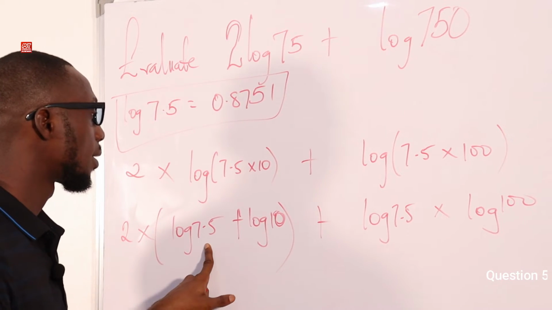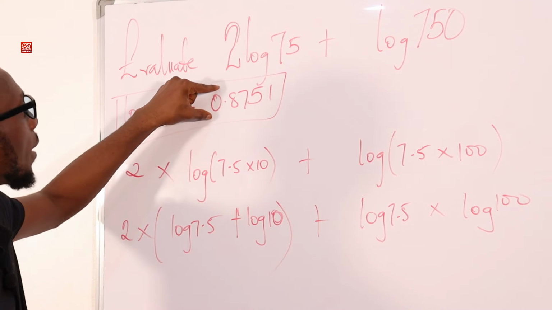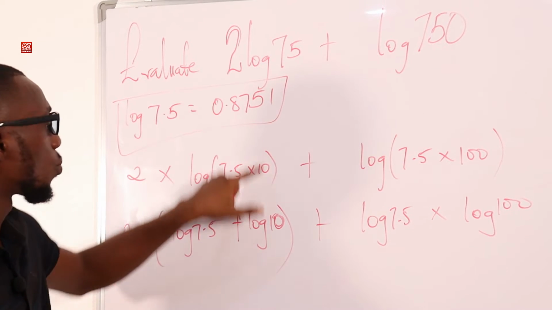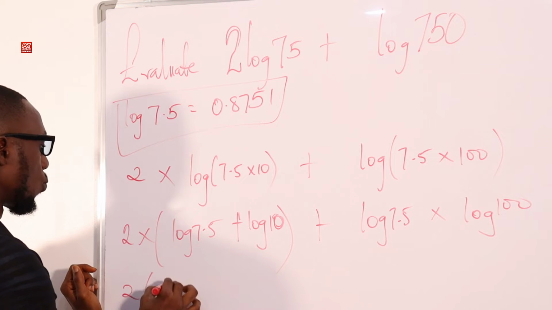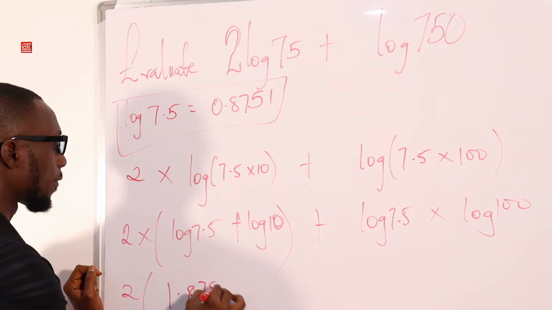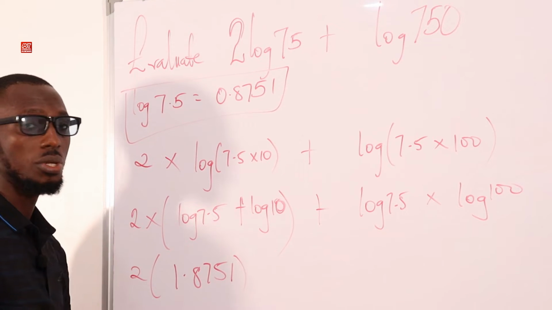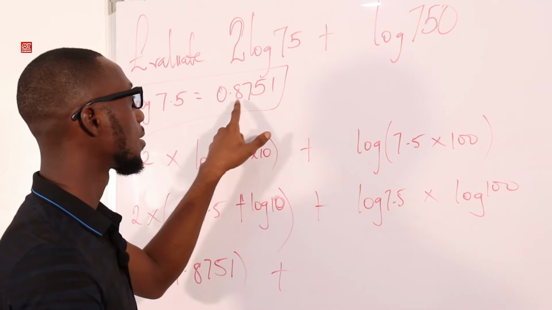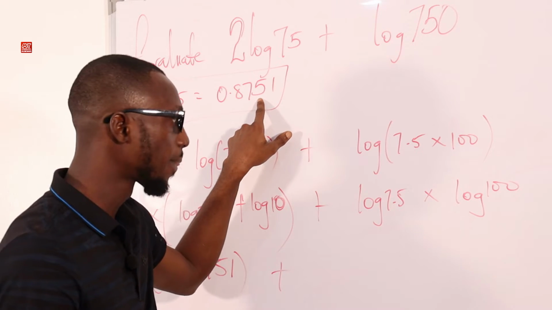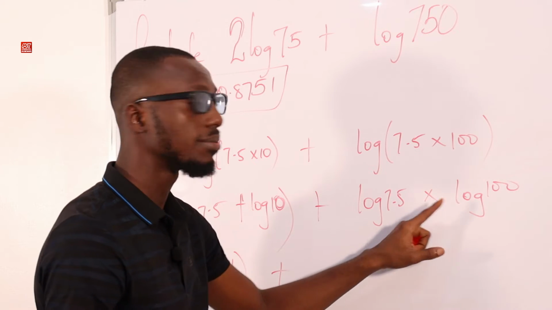So 1 plus this, we are given log 7.5 as 0.8751. So 1 plus 0.8751 will just be 1.8751. Do we see that? Plus, remember that log 7.5 is 0.8751. So if we add it up, remember times changes to plus.